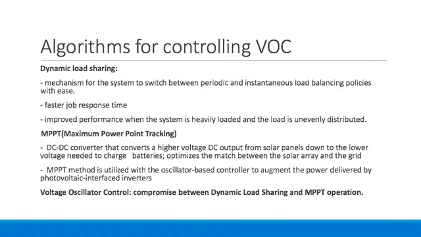Another kind of algorithm is called MPPT, the maximum power point tracking, and it is utilized with the oscillator-based controller to increase the power delivered by the PV interfaced inverters. For the real VOC system, both strategies are used, and there's a kind of compromise.